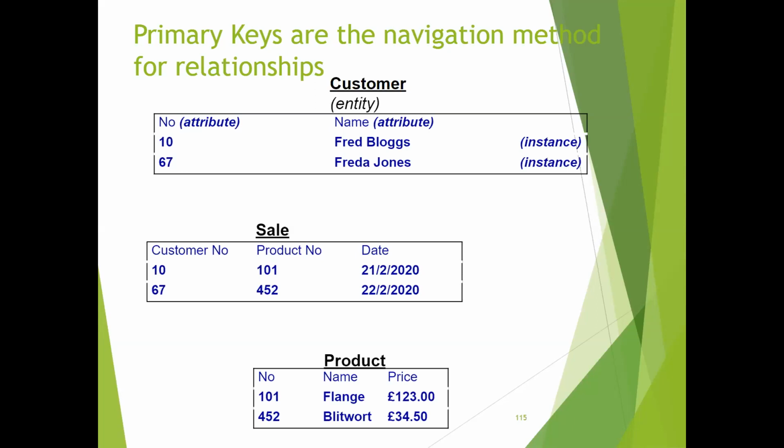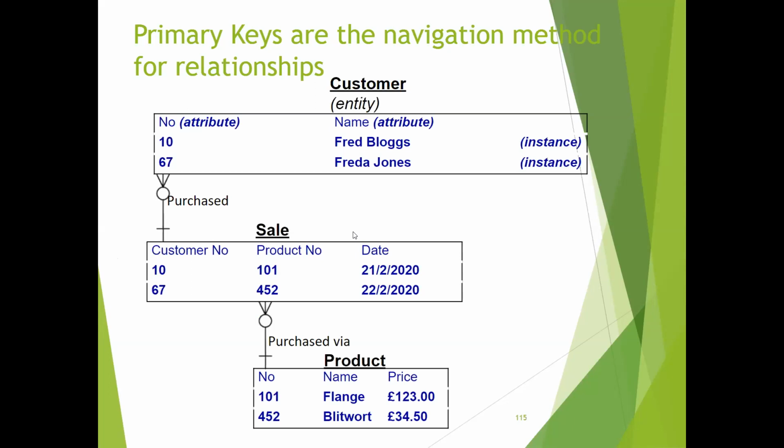Or sometimes you can use a combination of customer number, product number, and a date. But the more elements you add to create a composite key, the more complex and slow the performance becomes. So typically they generate a sale ID. So that becomes a unique ID.